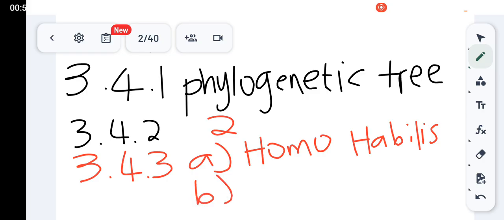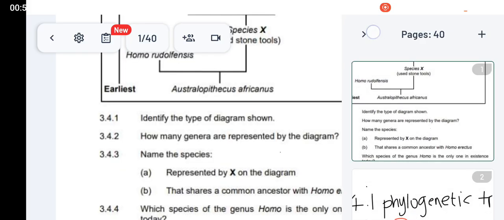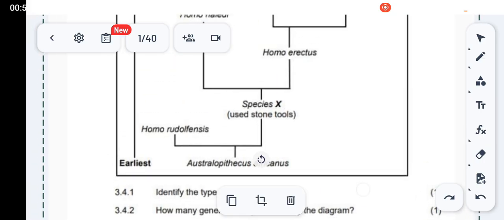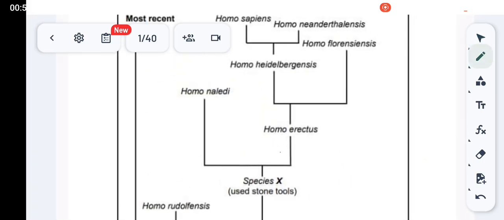And then B, name the species that shares a common ancestor with Homo erectus. You will find the answer in your phylogenetic tree. Here is Homo erectus. Its ancestor is species X. So we want the organism that shares a common ancestor with Homo erectus.